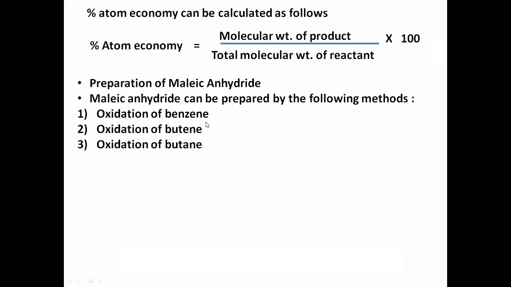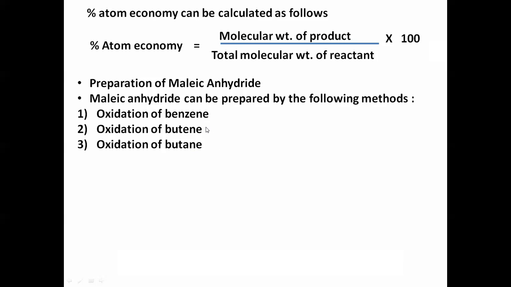So we calculated atom economy for the first reaction, oxidation of benzene, then oxidation of butene and oxidation of butane. And then we realized the atom economy obtained from the second route, that is from butene, was maximum, as compared to that of benzene or butane.